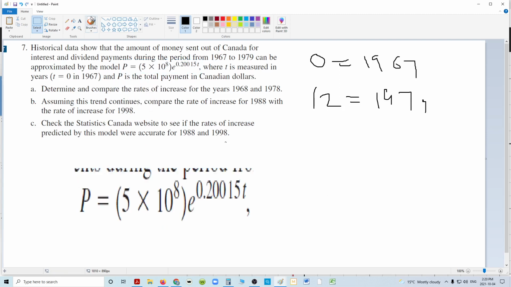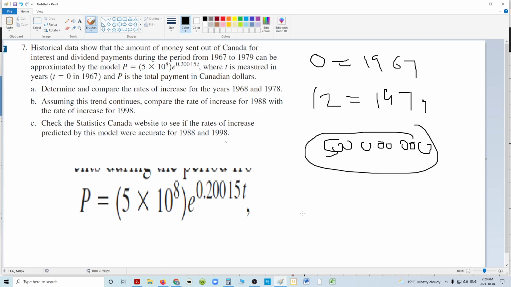Also note that when year 0 happens here, this whole thing is 1. So the initial payments are 5 with 8 zeros, $500 million. Since this will only go up, the rate here should be much steeper than the rate here.